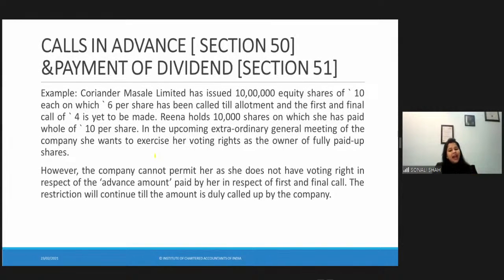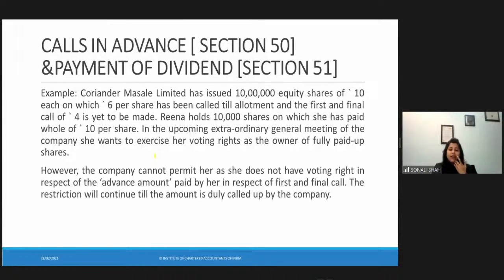So is the company liable to pay interest on the calls paid in advance? Yes, the company is liable to pay interest on the calls made in advance, and the interest is payable whether the company has profits or not. So you always need to understand interest is like a charge created on the company. If the company has accepted calls in advance, the interest will be mandatorily payable, and the rate at which the interest will be payable will be specified in the articles of the company.